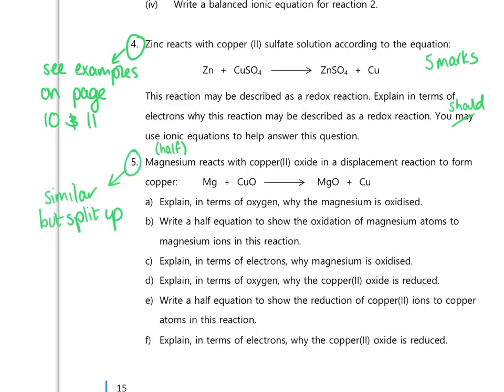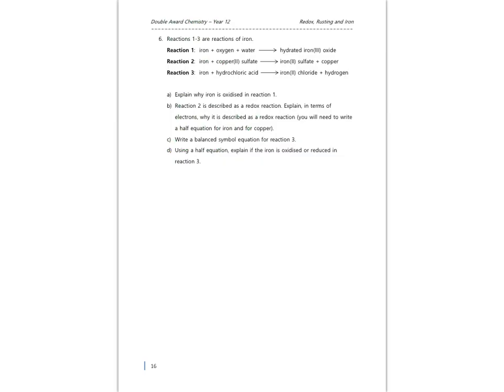So just make sure for those 2 questions that you're explaining fully, you're splitting up into half equations and explaining them that way. And then don't forget, question 6 is on page 16, and that takes us to the end of this first part of this topic. In our next video, we will look at rusting and how we prevent rust, and we will look at the industrial extraction of iron in the blast furnace as well.